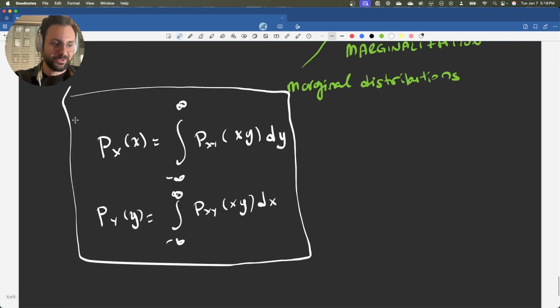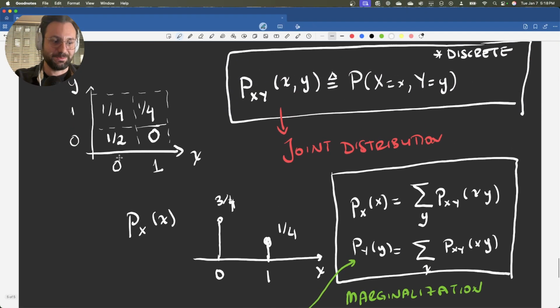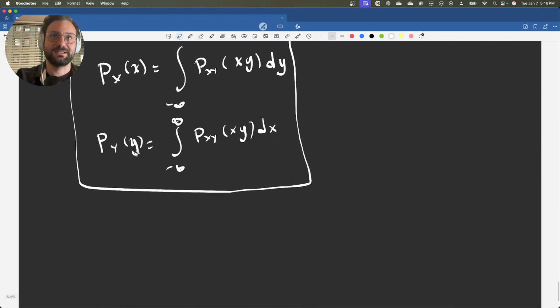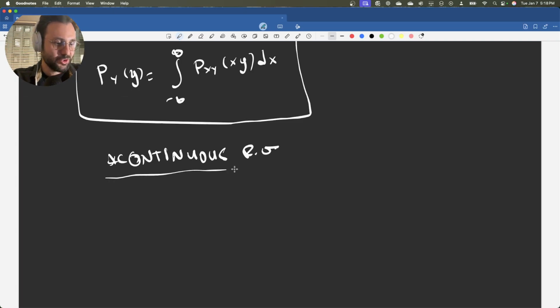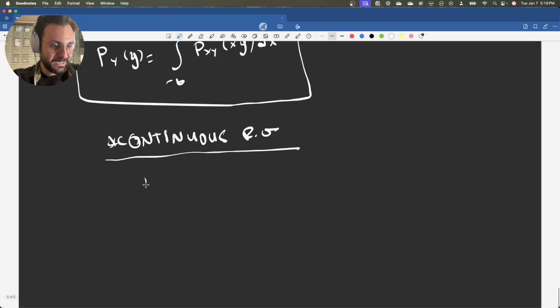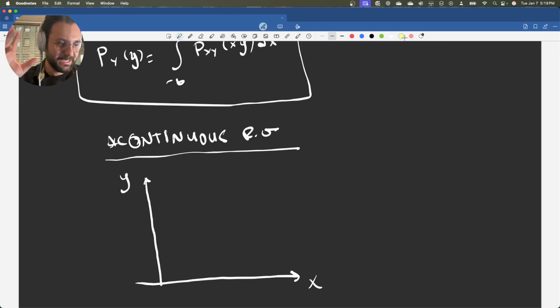For continuous random variables, obviously the table that you see here, imagine it being continuous. I cannot write it as a table, so let me write here for continuous random variables, the joint will look like, again, in the same x and y space, and imagine this x and y space to be continuous. I will need your imagination to understand that it looks like a mountain that's coming to you.